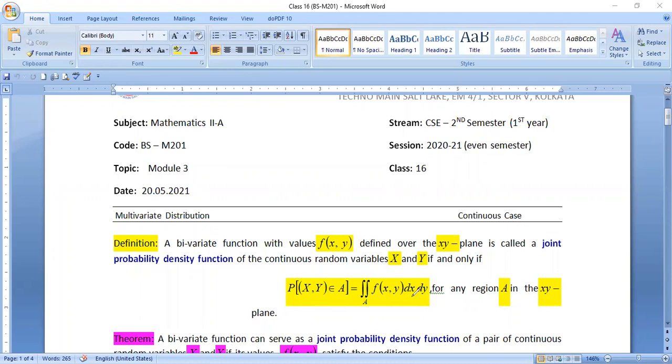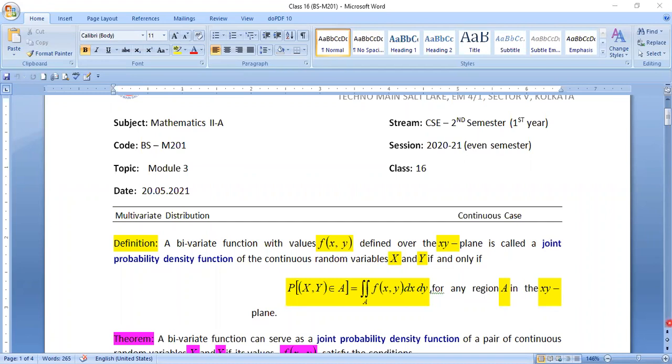Sometimes it becomes difficult to change the order, depending upon the situation. Then you can write it in any manner, either this way or as the double integration over A of f(x,y) dx dy. That is the definition of probability in the bivariate case.